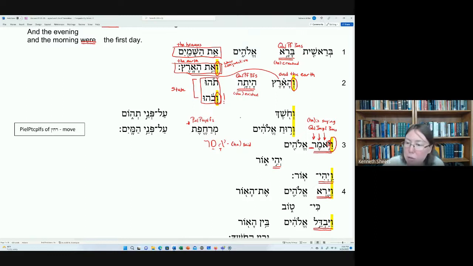And then you can see here another conjunction, vav pointed with a simple vocal schwa. And this would be "and darkness." So again, that "and" there indicates that it is joining back to these previous clauses.